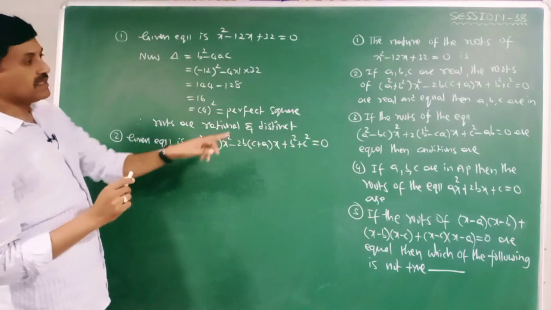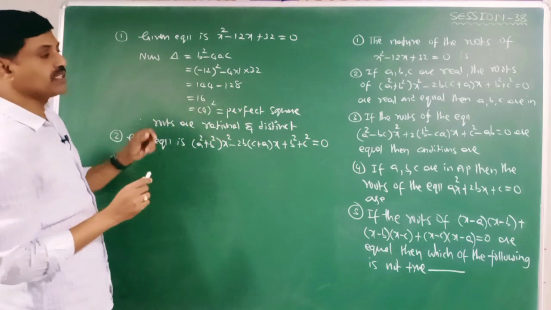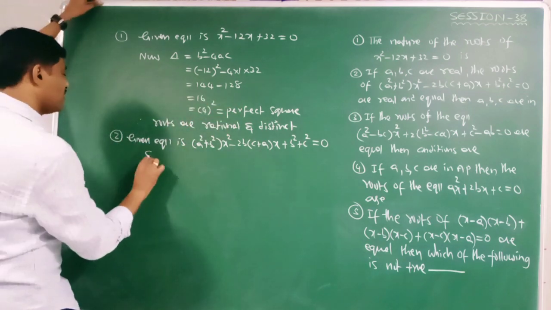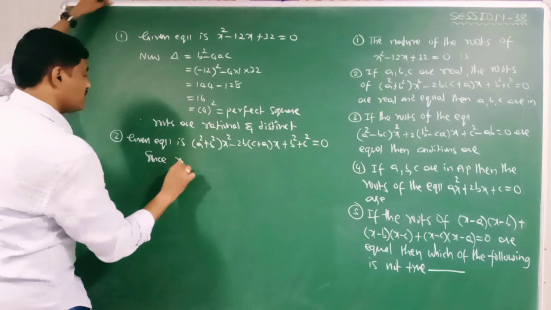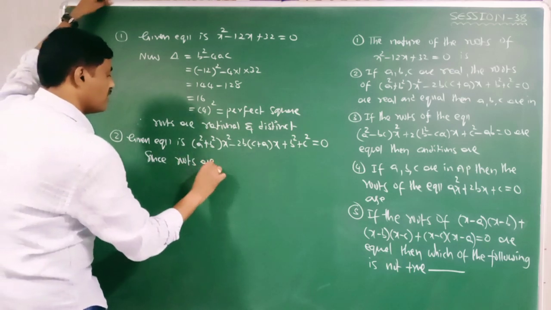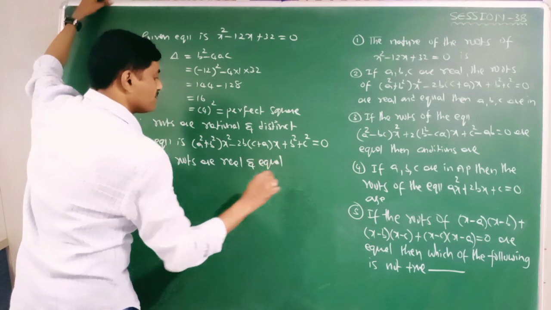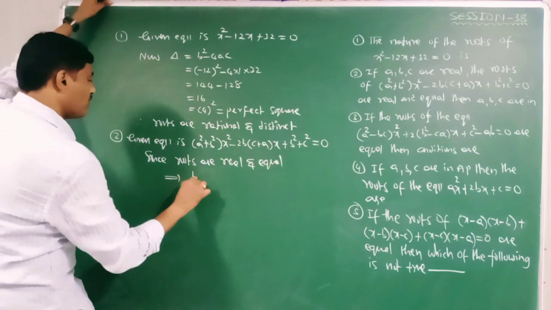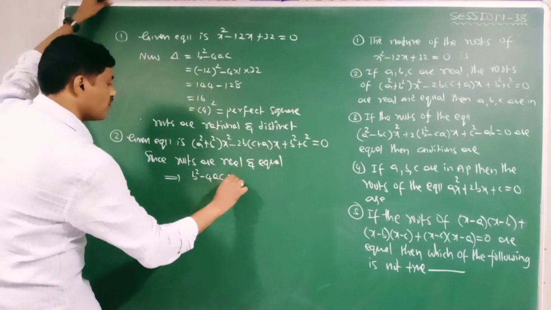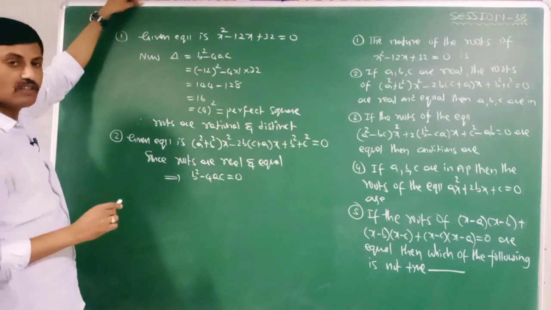Since roots are real and equal, that implies delta is 0, that is, b square minus 4ac is equal to 0.